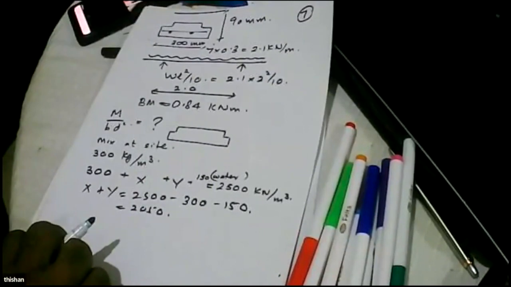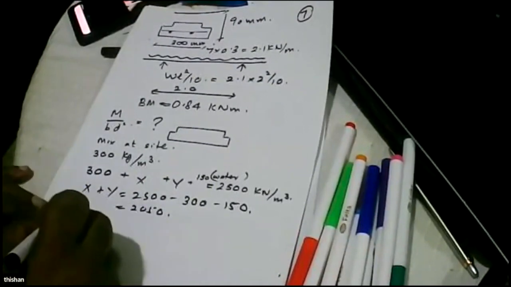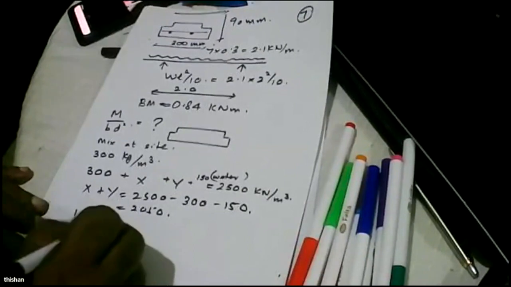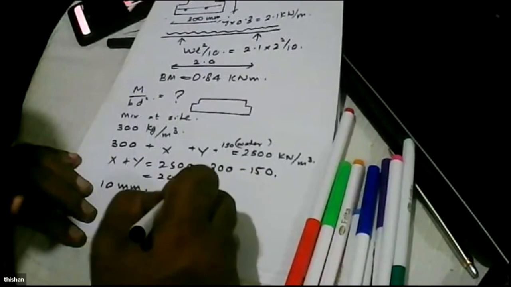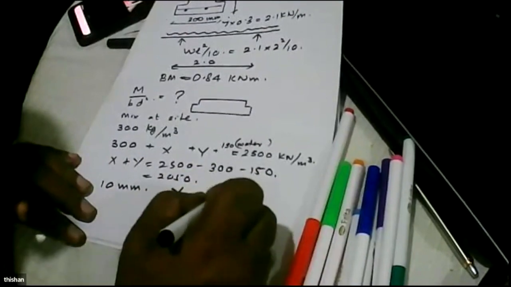Yes. And we cannot use a high ratio because we are compacting. So we have used 10 millimeter aggregates and a ratio of Y over X of 1.5.